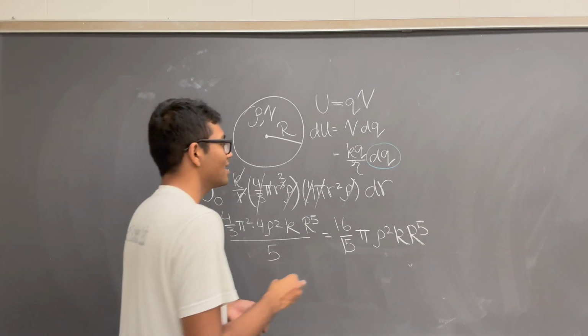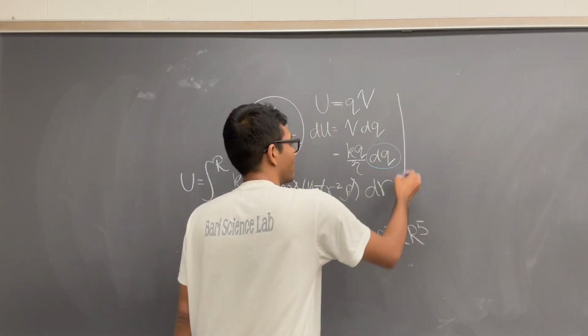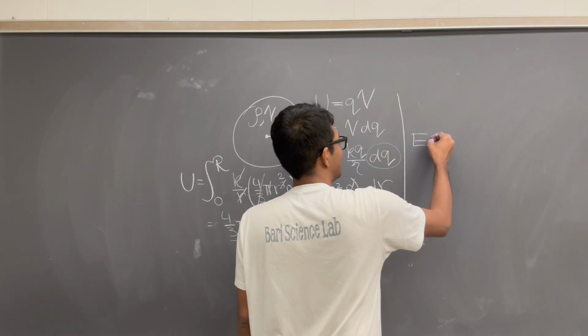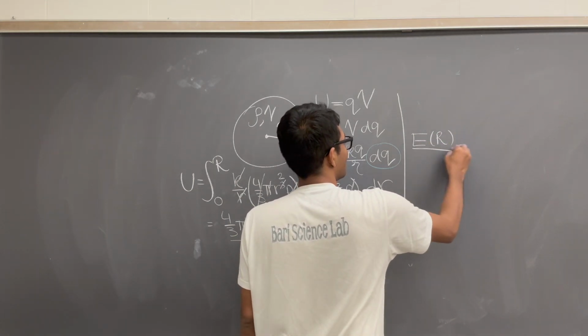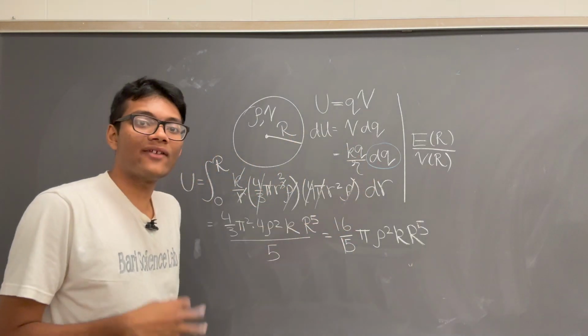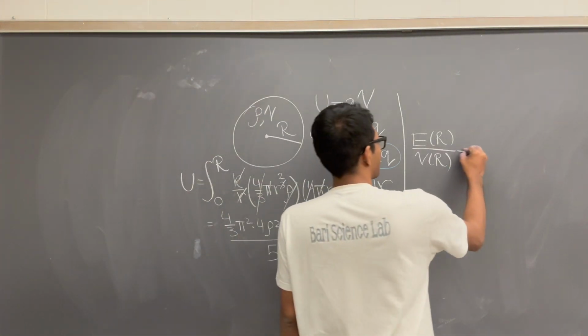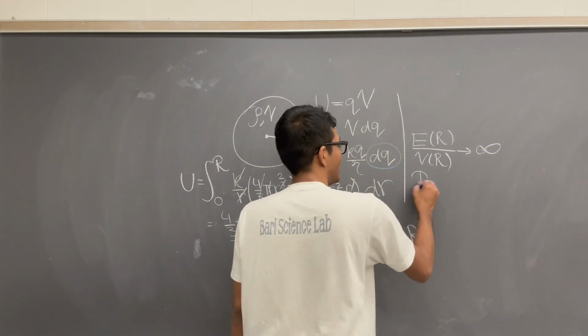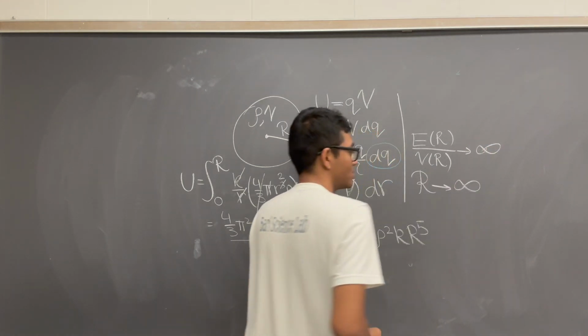Now, if we take a look at the ratio of the energy of our system, E of r, to the volume of our system, V of r, we'll see that this quantity diverges, okay? This approaches infinity as the radius of our spherical ball approaches infinity.